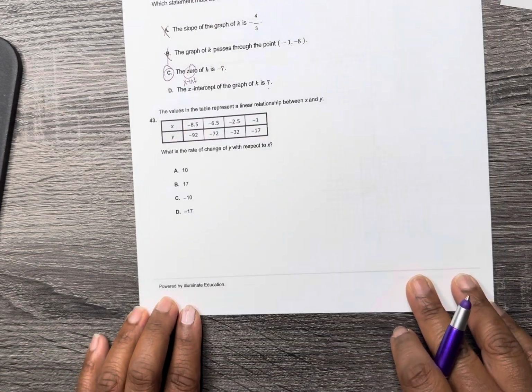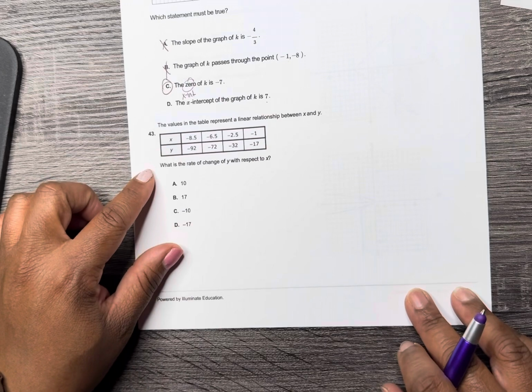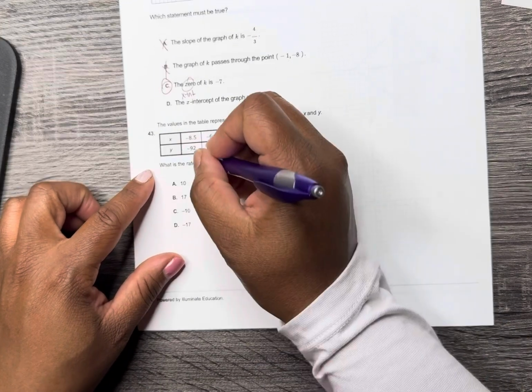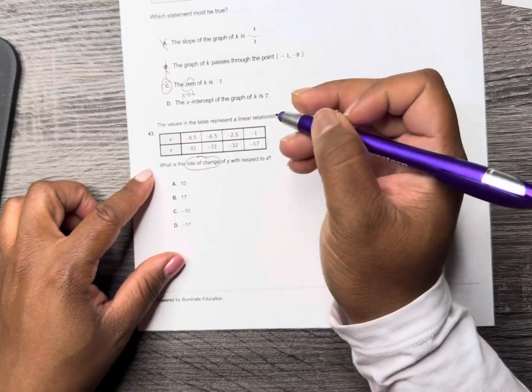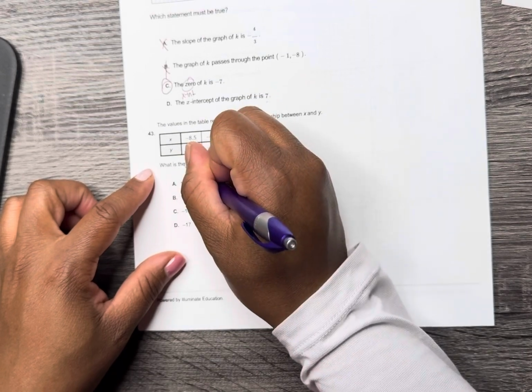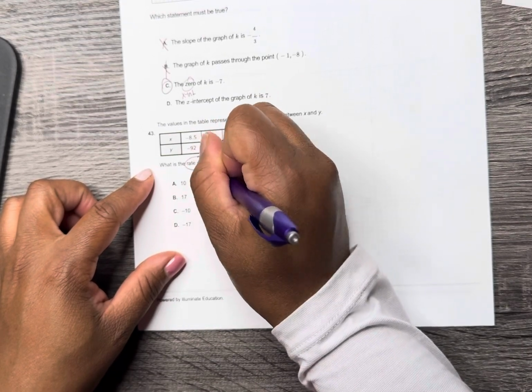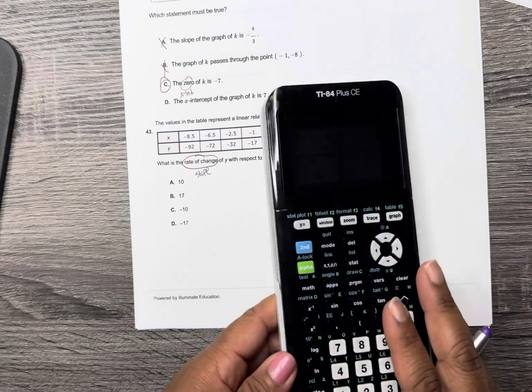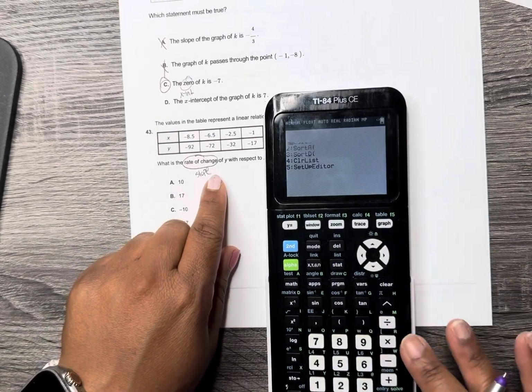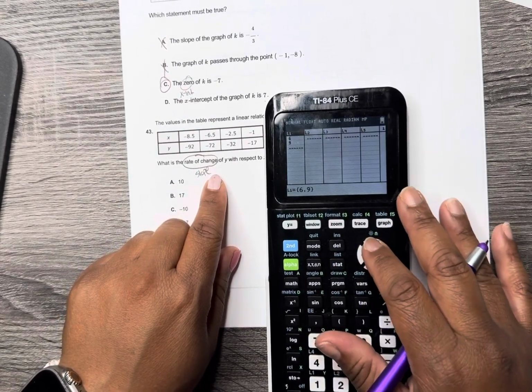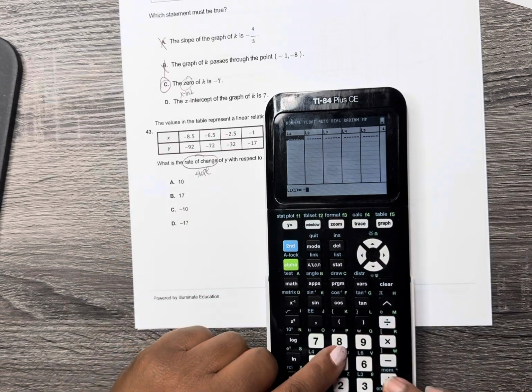Now, if we look here at 43, it says, what is the rate of change of y with respect to x? So if we look here, rate of change means slope. And remember, I told you, when you see a table, put it in the calculator. So that's what we're going to do.